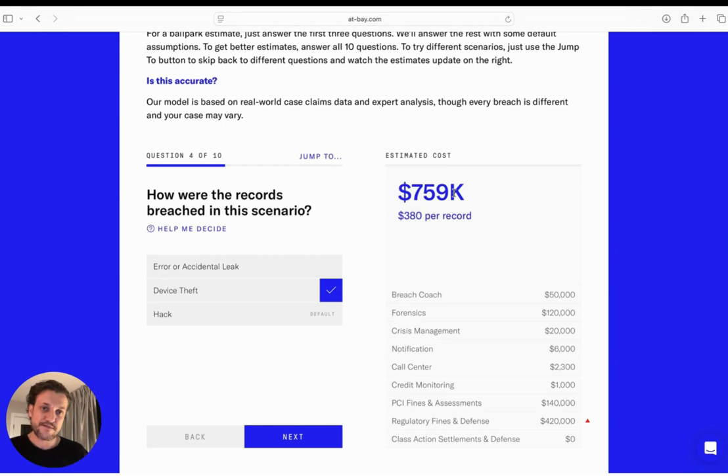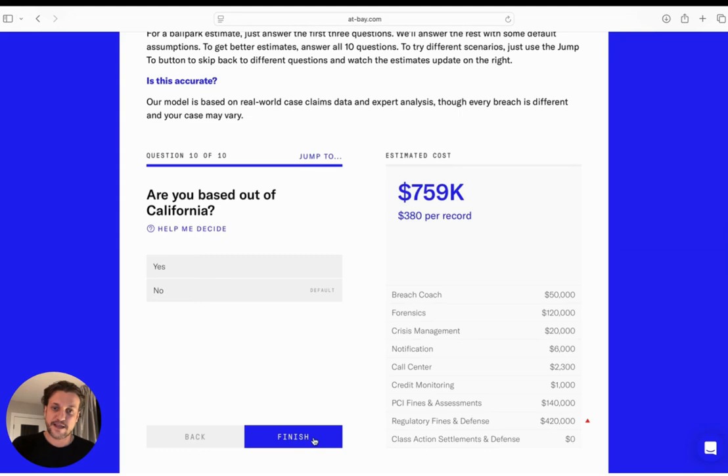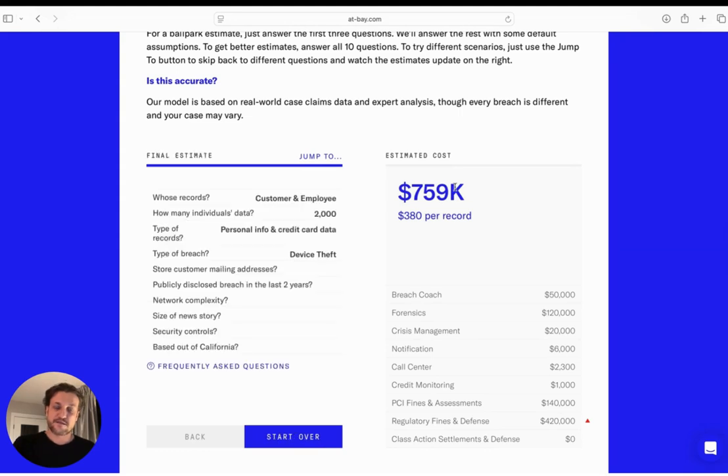So we have to pay $759,000 for that, and you have to pay around $140,000 as fines, as PCI fines. All right, you click next. You can poke around a little bit. Next, next, next. Finish. There we go. You have a number.